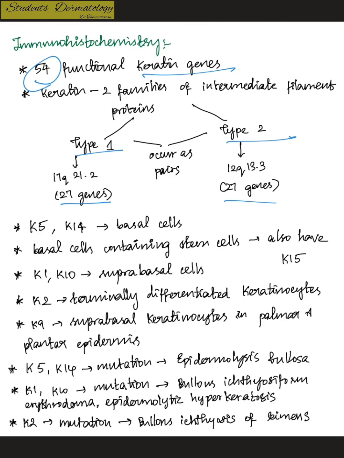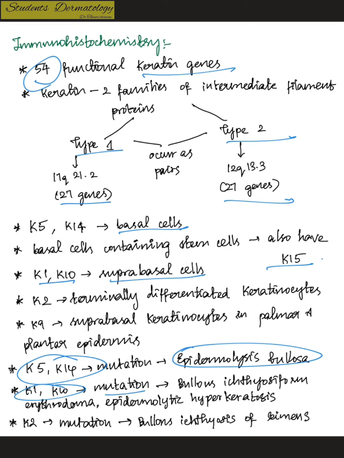Each contains 27 genes. Keratin 5 and 14 are mainly present in basal cells, and mutation in keratin 5 and 14 gives rise to epidermolysis bullosa. The basal cells that contain stem cells also have keratin 15. Keratin 1 and 10 are present in suprabasal cells, and mutation of keratin 1 and 10 gives rise to bullous ichthyosiform erythroderma and epidermolytic hyperkeratosis.